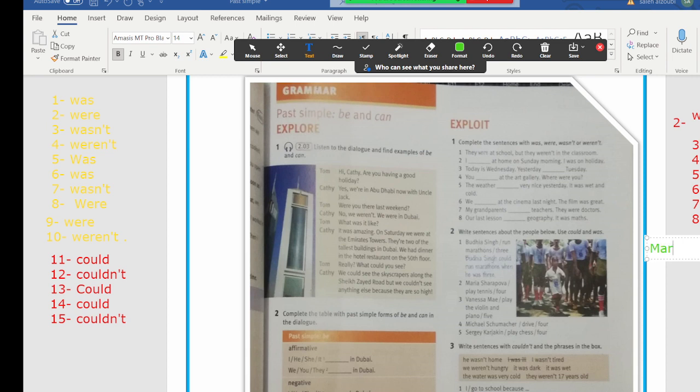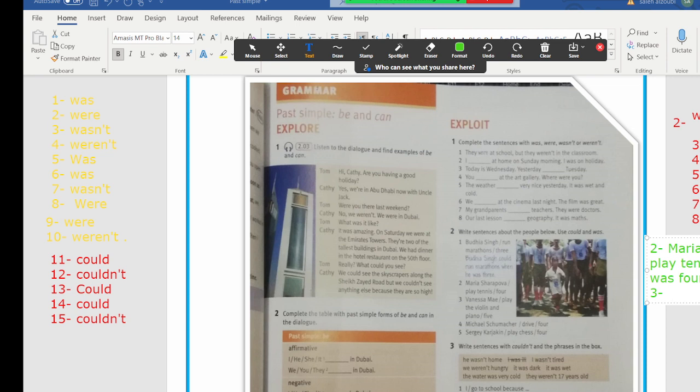Maria Sharapova could play tennis when she was 4. Yes, 4. She is a famous tennis player.